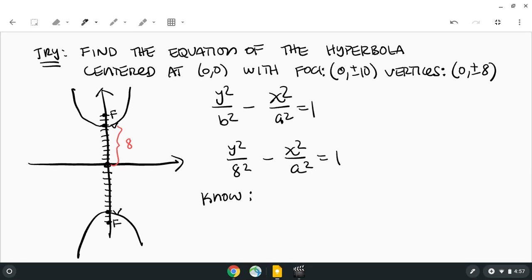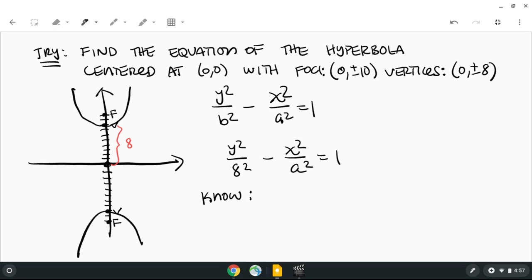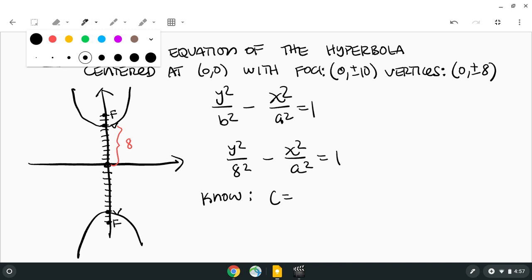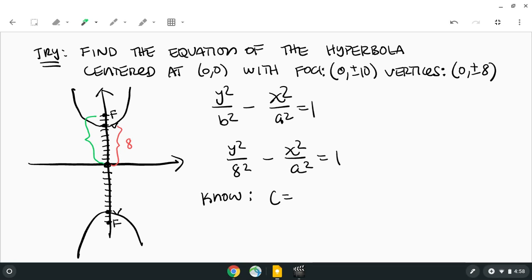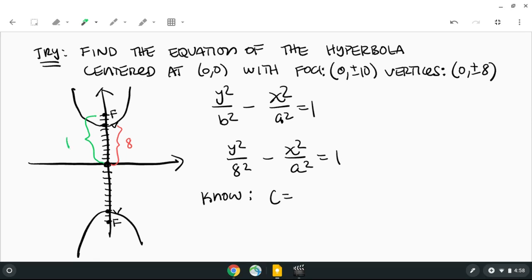If you're missing one of those denominators, you're probably going to be given c. So let's go ahead and take a look on our graph. And this here is my c distance, which is 10.